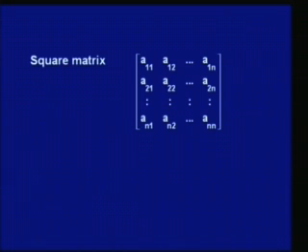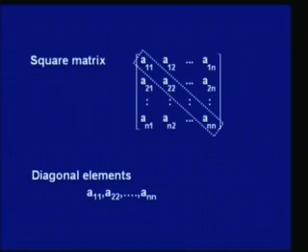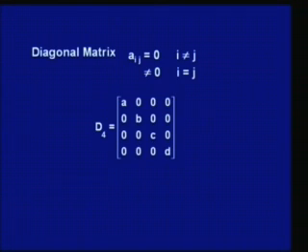One can easily notice that A11, A22, ANN are the elements which lie on the diagonal of this square. Typically, i and j are equal for the diagonal elements. So, we define a diagonal matrix as a matrix in which the ijth element is 0 if i is not equal to j. However, it is non-zero whenever i is equal to j.